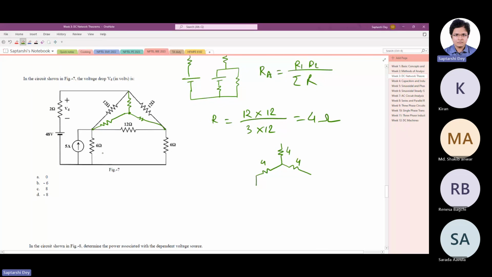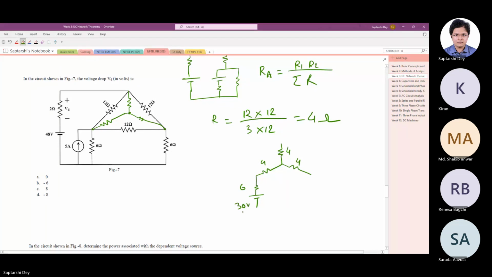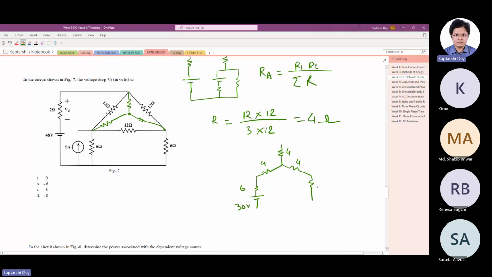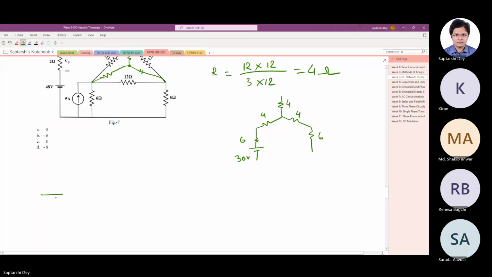Now this 5 ampere parallel to 6 ohm, I will write as 6 ohm in series with 30 volt, and here we have a 6, right?